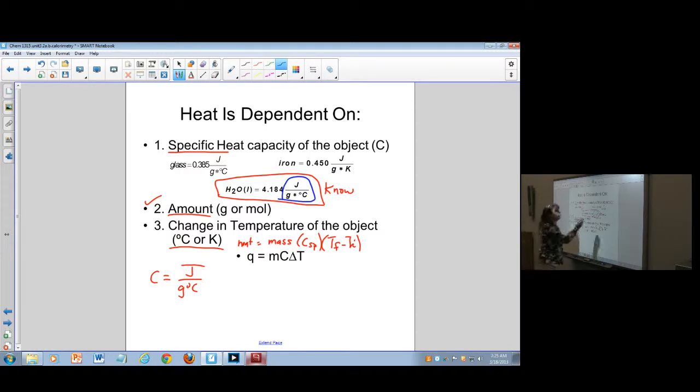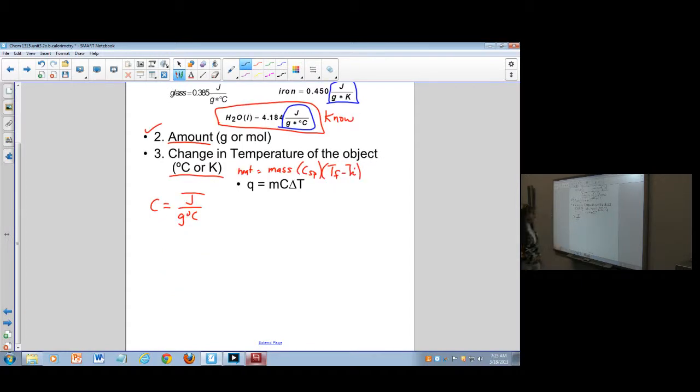I also gave you the same kind of thing but with Kelvin, and I want you to notice that it doesn't matter whether the temperature is in Celsius or Kelvin. But don't convert; use one or the other. There's really no reason to convert. If you do it right, it doesn't hurt anything, but there's no reason to.